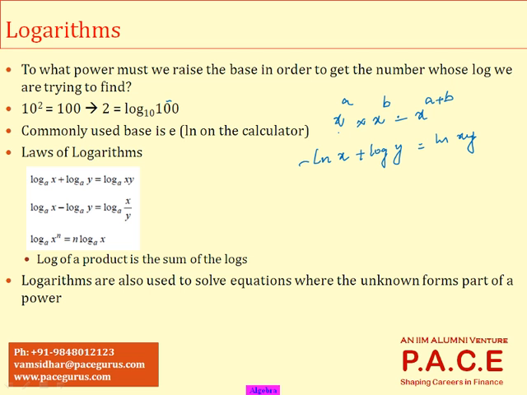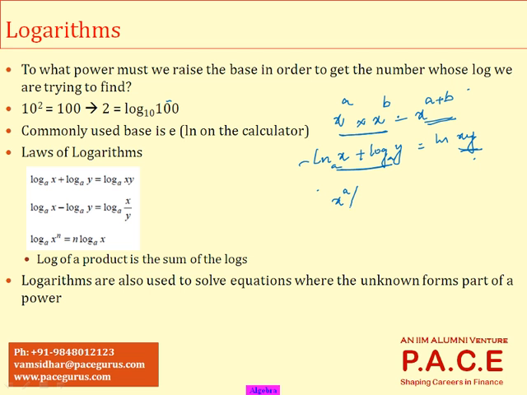Here, with indices, if they are multiplied, you add up their exponents. Whereas with logarithms, if two logarithms are added, whatever the base, let it be a or 2 or e or 10, if the bases are the same, the result is the multiplication of those two values. That is the relationship between the two.